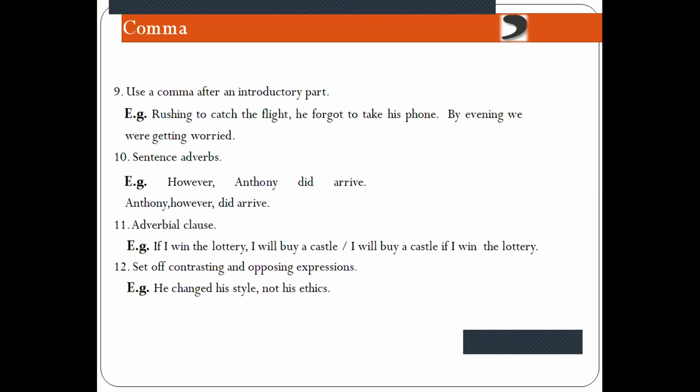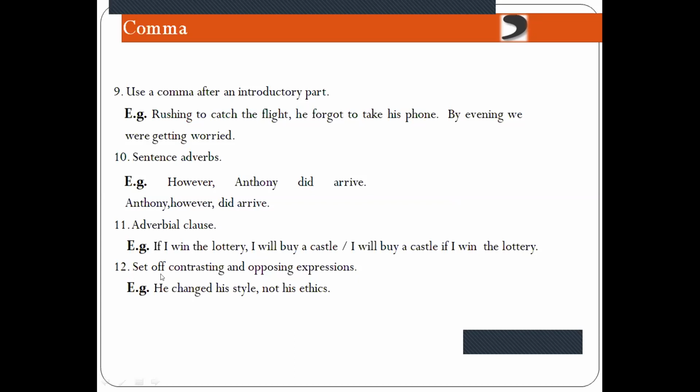If we start with any kind of adverbial clause, you must set it off with a comma, and then you add a complete sentence, because it is incomplete. But when it comes after, you don't put a comma, like in the next sentence: I'll buy a castle if I win the lottery.